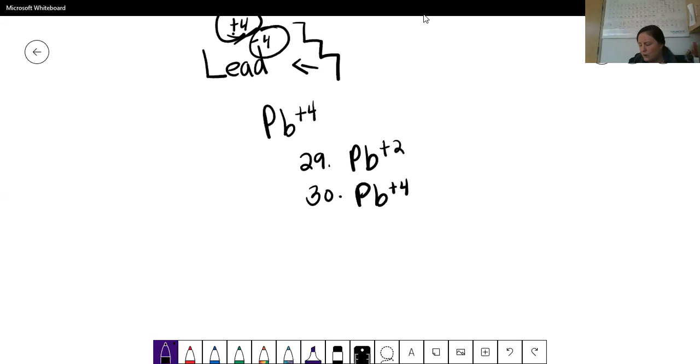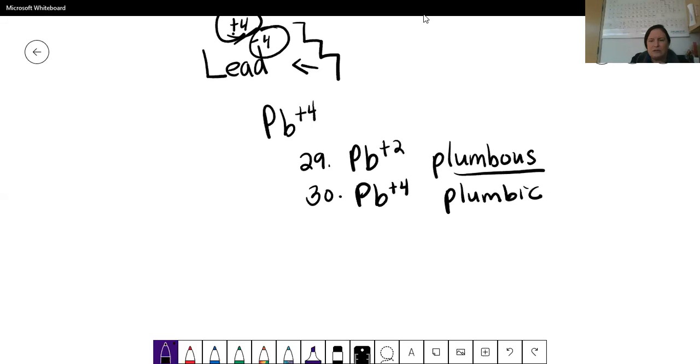Lead 2 is also called plumbous, and this one's called plumbic. Now, we don't use these naming systems here, but I do keep them on the back of the periodic table. So this one is lead 2, the stock naming system, and this is lead 4.